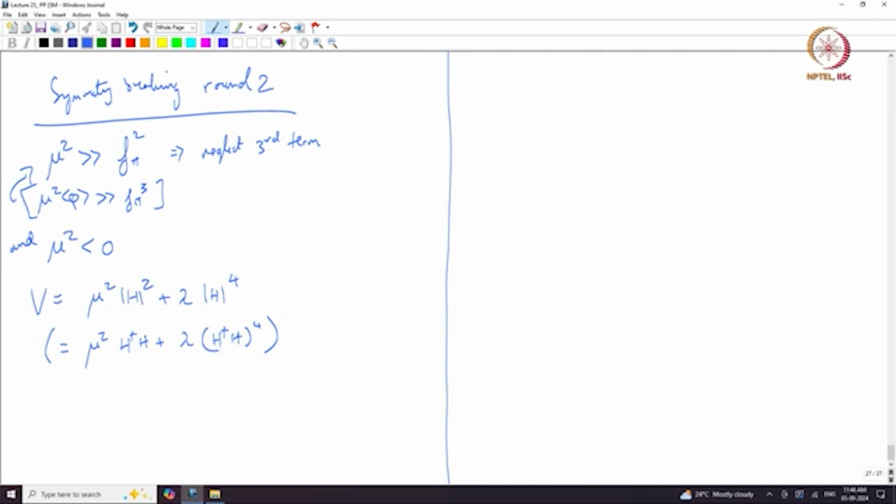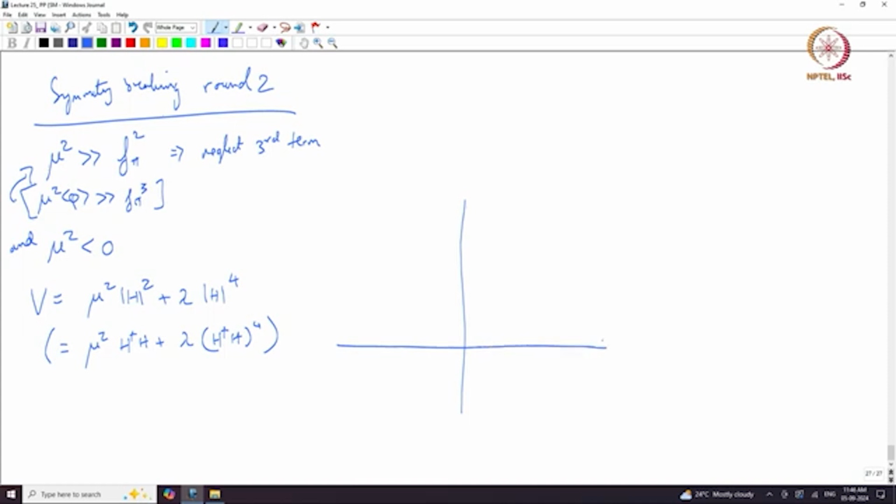So, what happens if mu square is negative? How would the potential look like? So, once again I am going to draw a 2-dimensional projection of the potential, okay, but you have to imagine that it is actually there in all 4 dimensions in field space, okay.